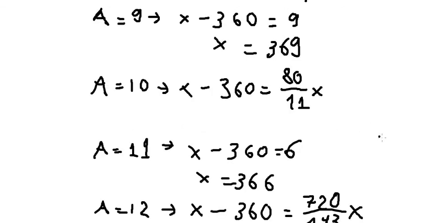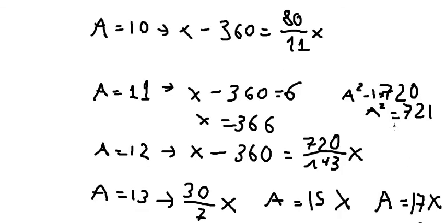So right now, if we put 720 here, equal to a squared minus 1, you get a squared equal to 721. The square root of this one is not a natural number, so we just reject.